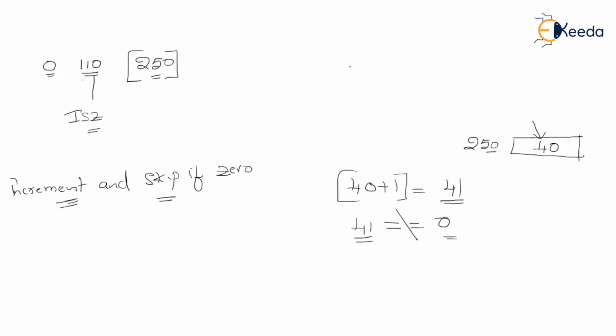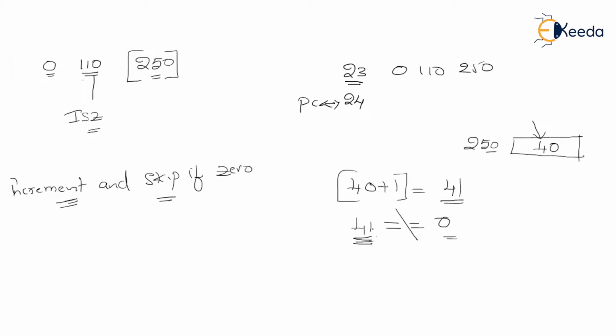For an example, the current instruction is 23. For 23, the next instruction will be 24, which is specified in the program counter. Current instruction 23 is increment and skip if 0, that is 0, 110 followed by 250. Going to 250, collecting the operand, I have incremented and I got a value which is 41. Then I compared it. Is 41 equal to 0?